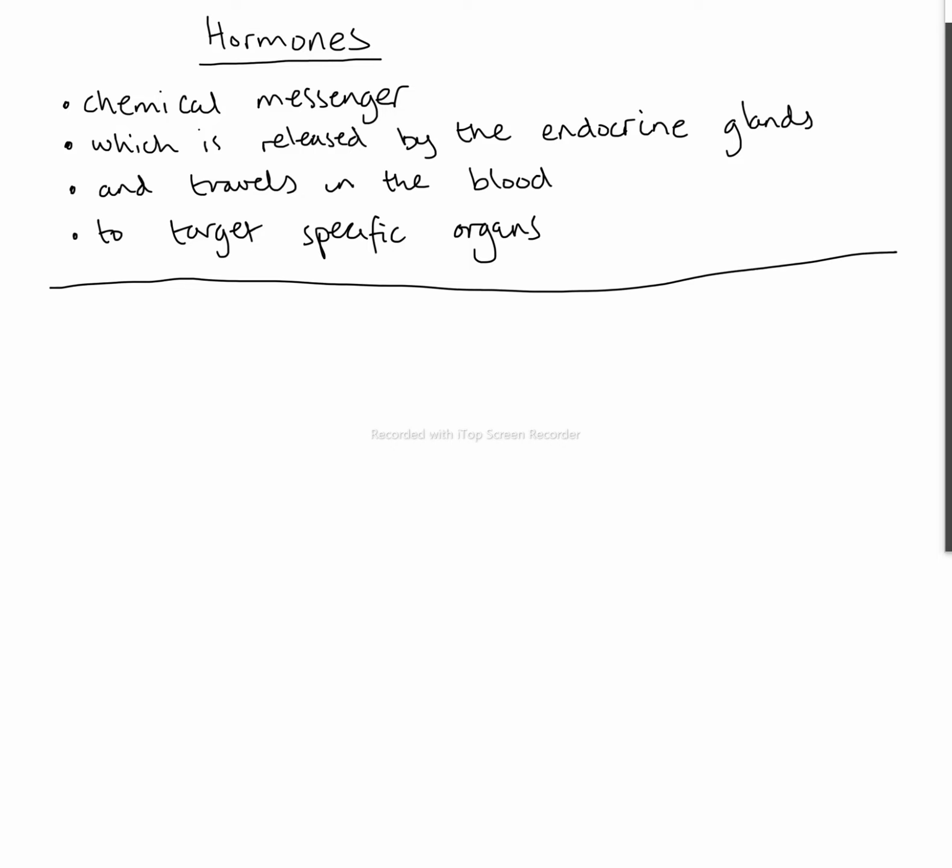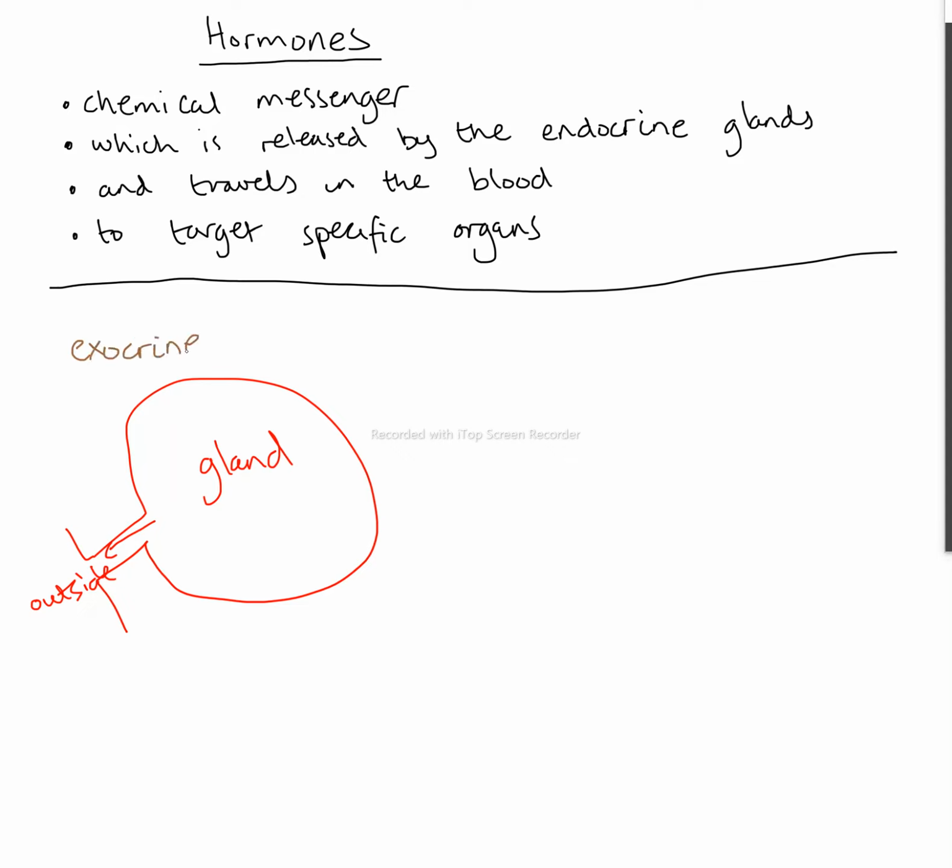Right, there's two types of hormone. So there's your gland, it releases something and it goes outside the blood, so it doesn't go into the blood, it goes outside, and you call that an exocrine hormone.